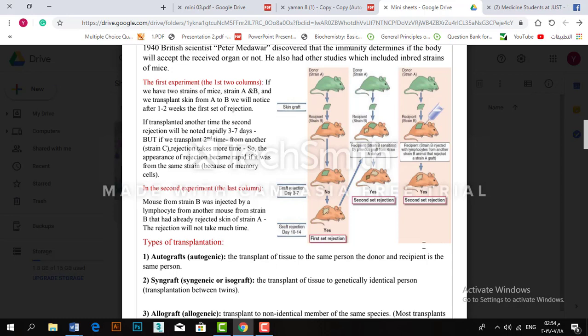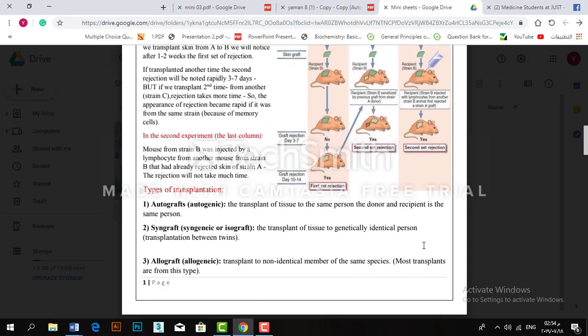Why؟ لأنه memory cells. Okay, but if we transplant second time من ماوس ثاني، أخذنا من ماوس C وحطينا في B، حياخد more time لأنه skin من جديد فلسه مش متعرف عليه. Okay, because of memory cells.